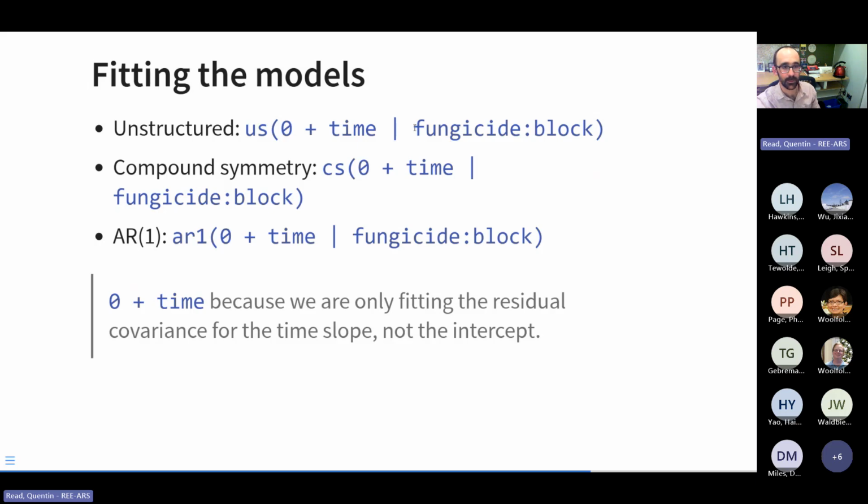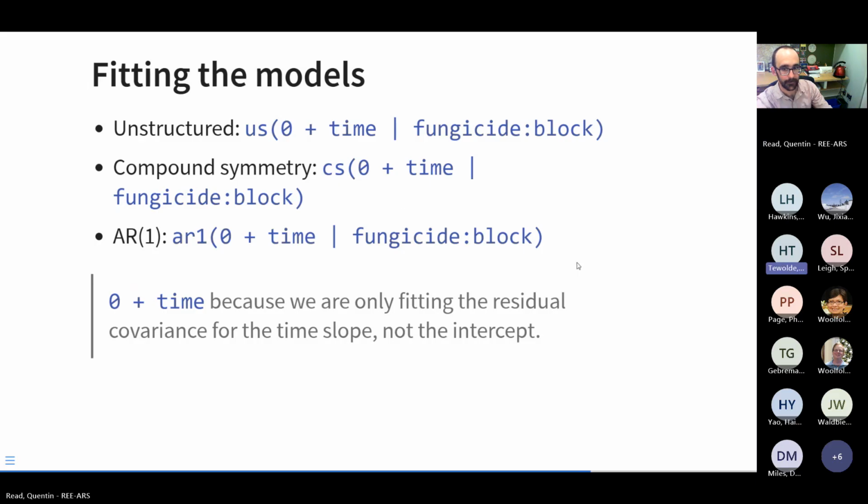And we're going to fit this 0 plus time, which means we're going to fit the covariance for the slope over time, grouped by the combination of fungicide and block. So for every plot, we have 3 time points, and we're going to add this model term to say how those measurements are correlated. We have 3 different ways of doing it, and we're going to compare them all.